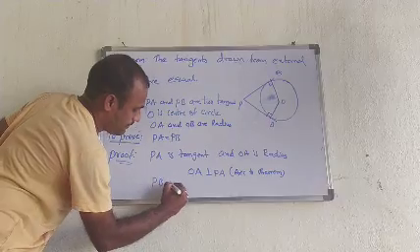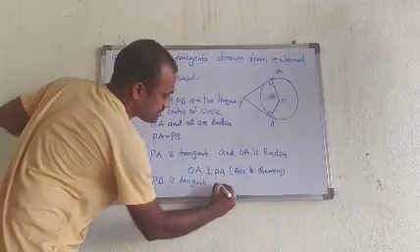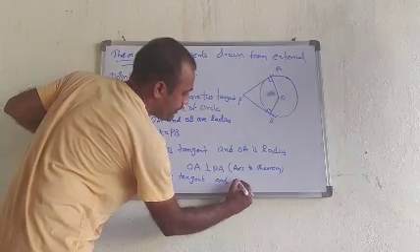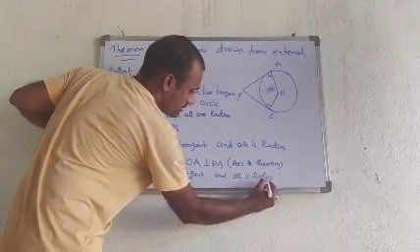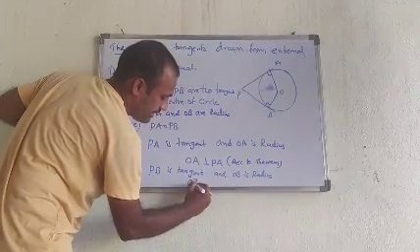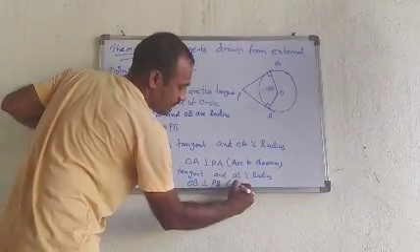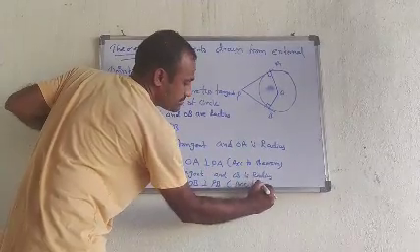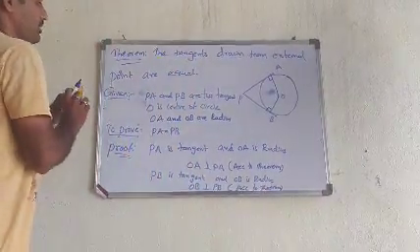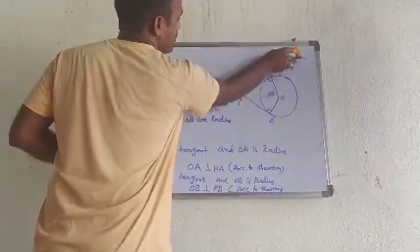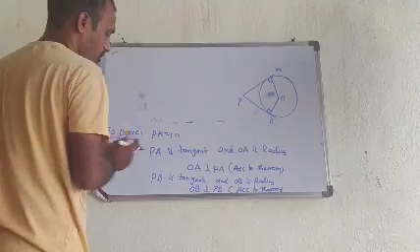Similarly, PB is a tangent and OB is a radius. So here we can say that OB is perpendicular to PB, according to the theorem.